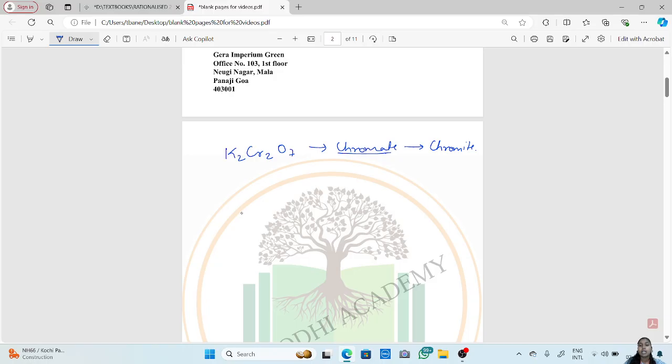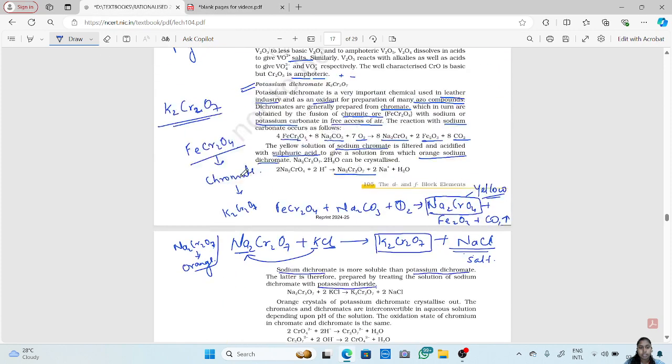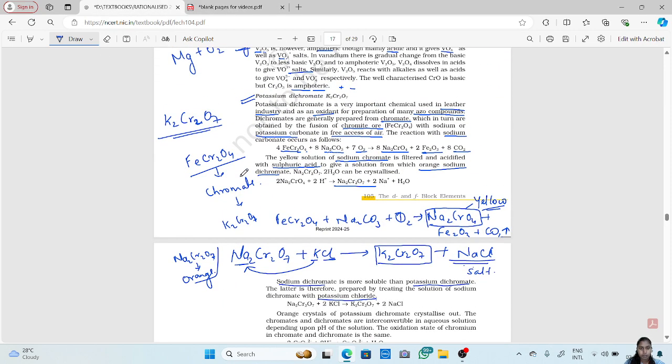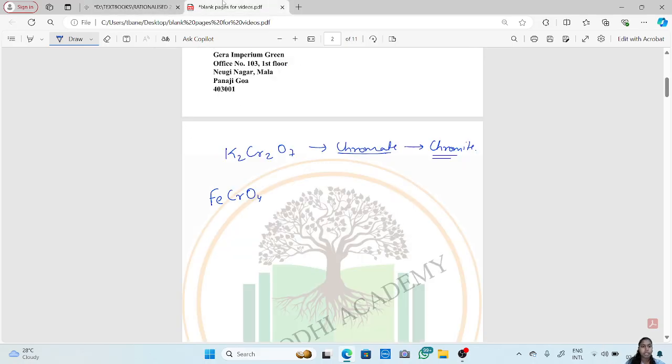Now, for the preparation of K2Cr2O7, we have taken iron chromite, FeCr2O4. To this chromite we have added sodium carbonate, Na2CO3.